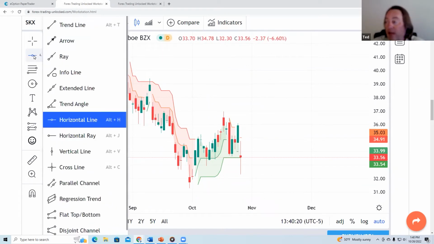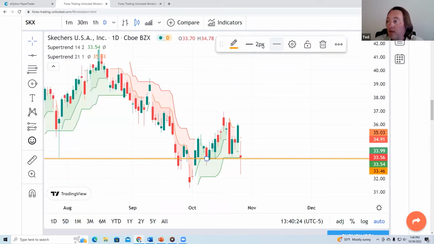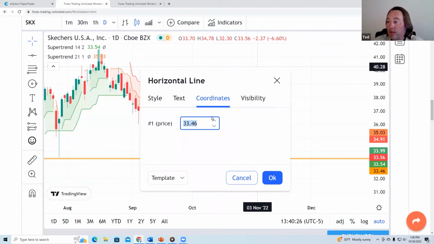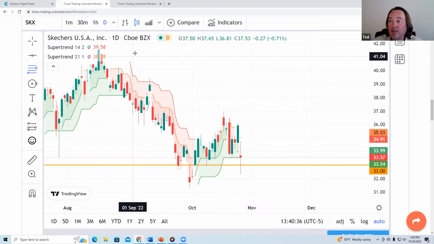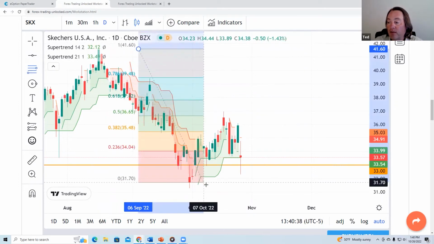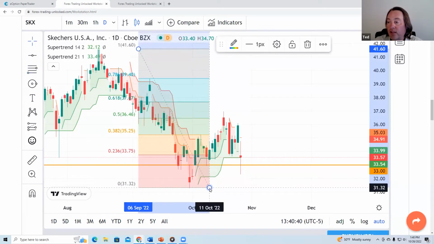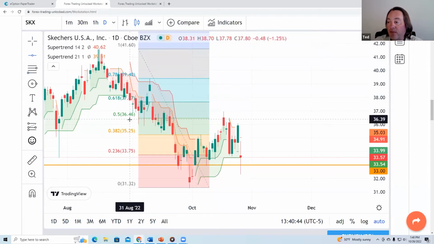Skechers here, we have our 33 level strike price. All right, so let's go and see what the pricing and the trades are going to be like. Let's just say we use, once again, good old Fibonacci. We already had a correction up to 50%.